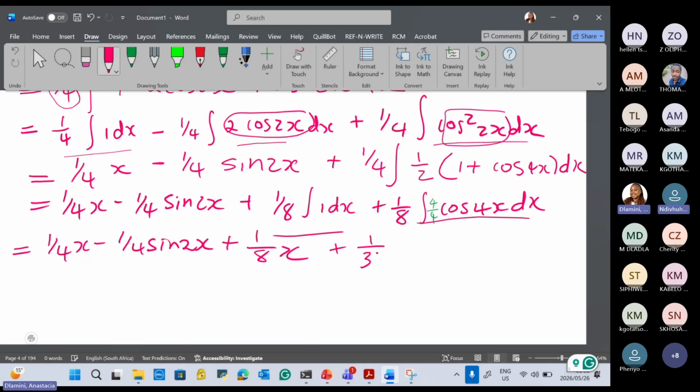And then with 32, we remain with 4 cos of 4x dx. Then it means now this becomes what? This becomes sine of 4x, right? So the entire thing becomes 1/4 minus, okay, but then, sorry, there's a 1/4x here and a 1/8x here. What is the answer there?